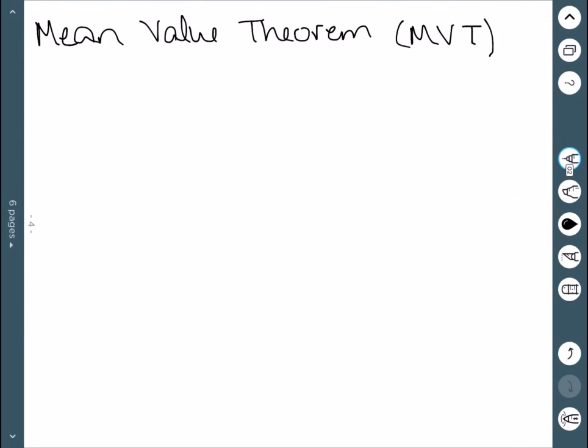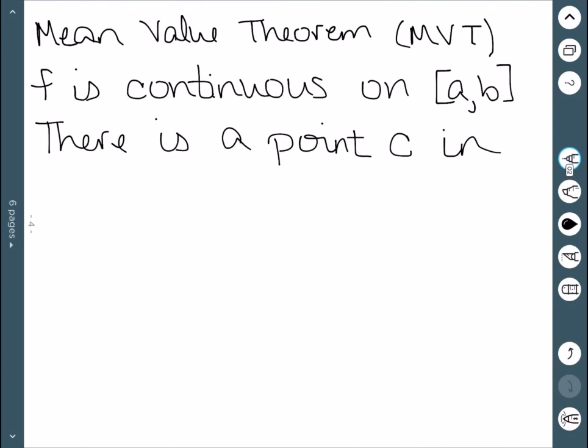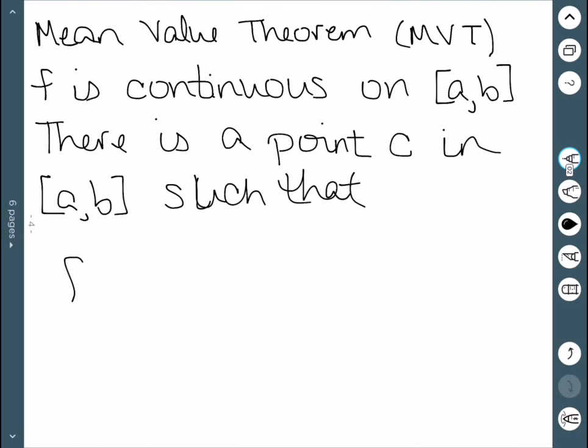So our mean value theorem says if f is a continuous function on the interval a to b, then there is a point c in this interval such that f of c is equal to the average value.